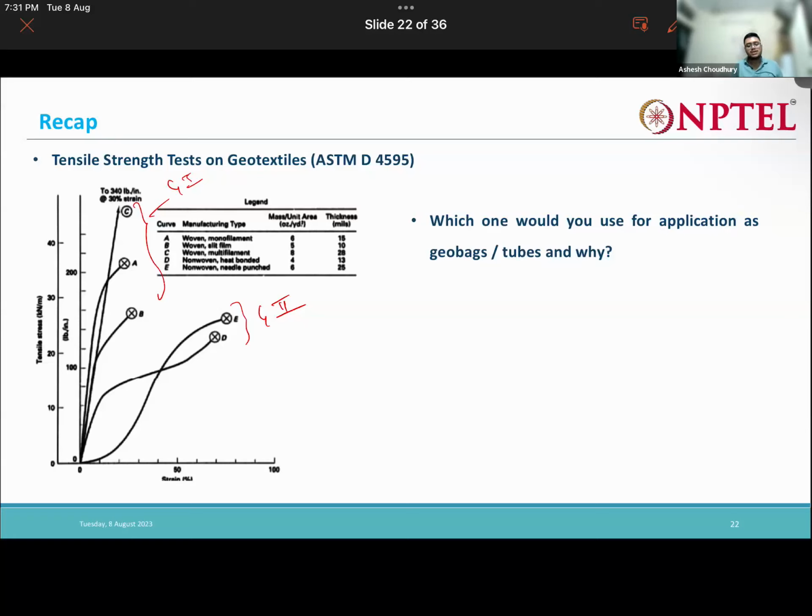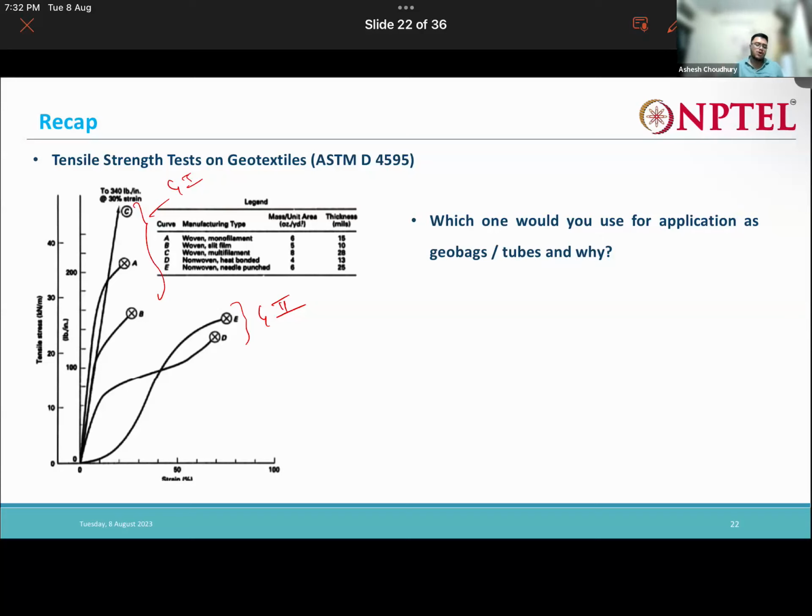There is huge movement, so there are large deformations. The force generally developed is quite low, but the strain which develops is quite high. High strain or high deformations happen in them. They undergo quite a large amount of deformation.